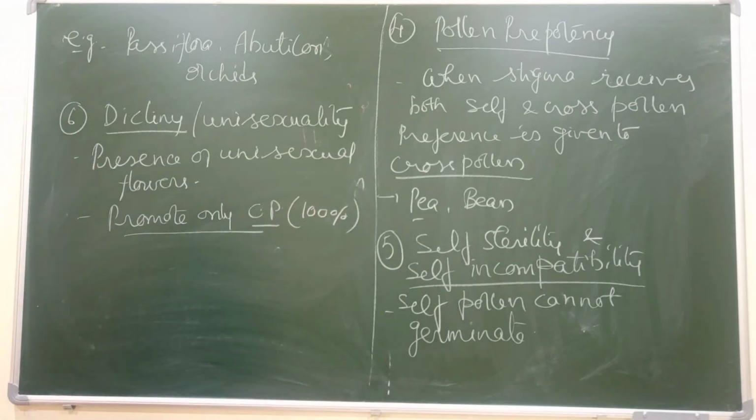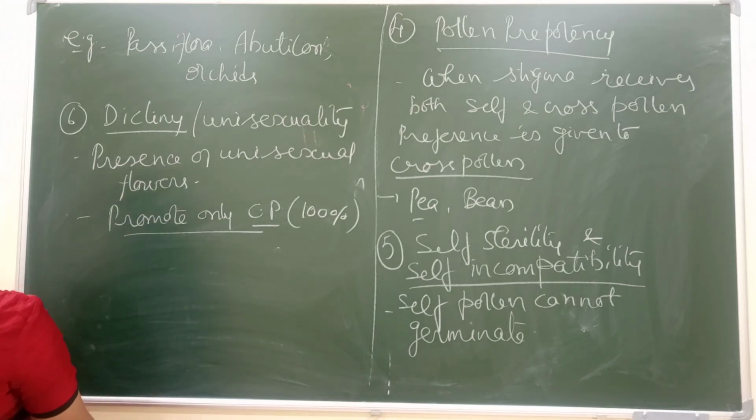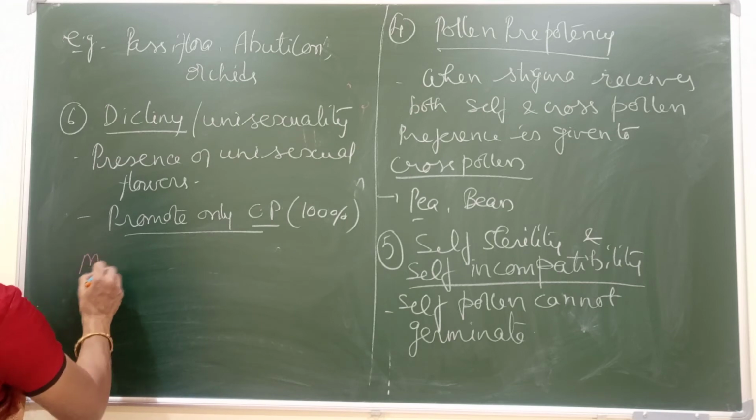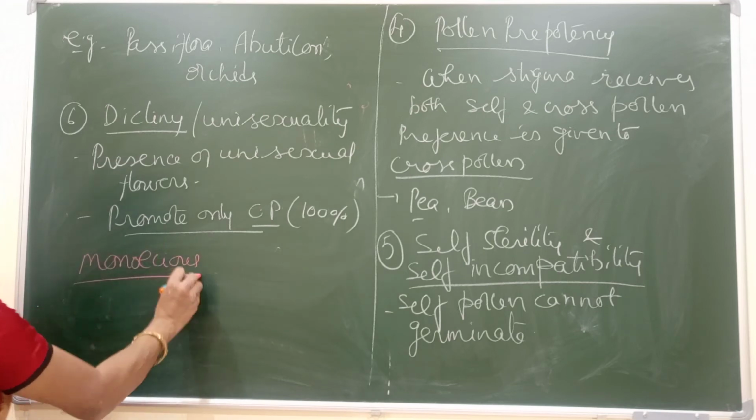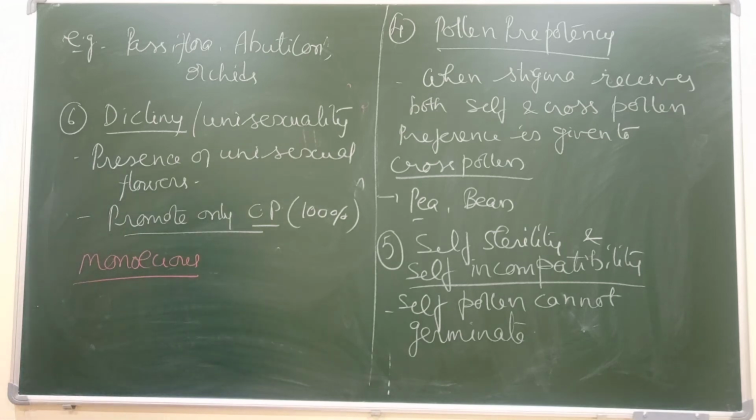So now let us see what are all the examples. First, the monoecious condition, where unisexual flowers are present on the same plant. So here only cross pollination can occur. And which type of cross pollination?